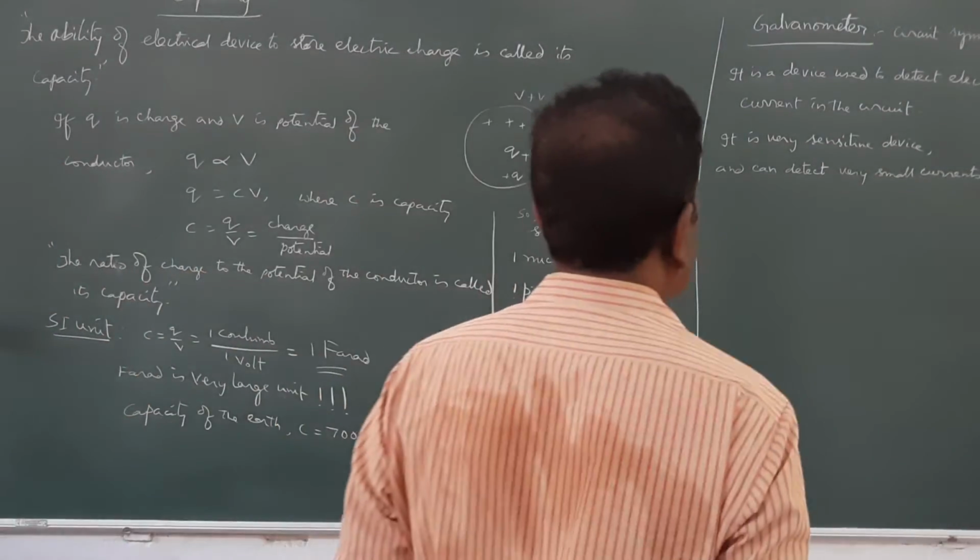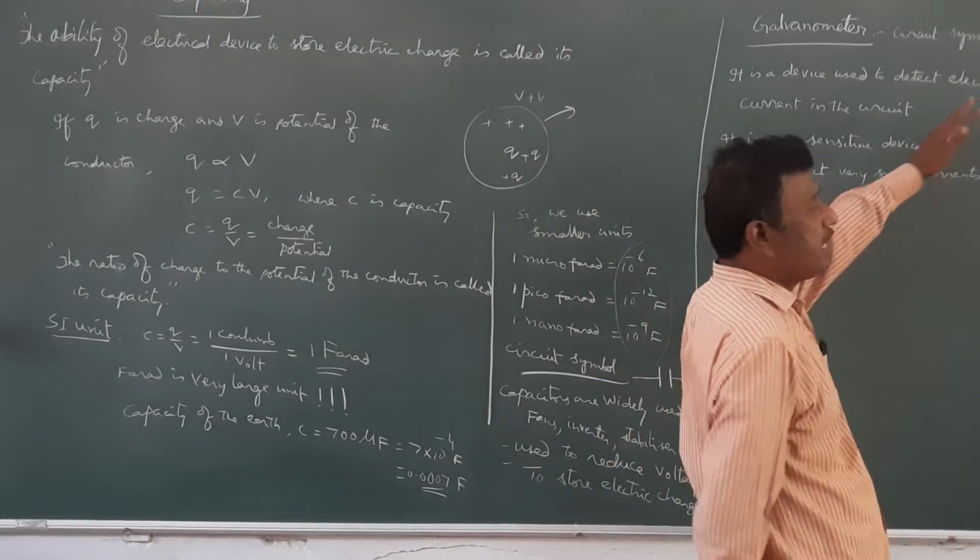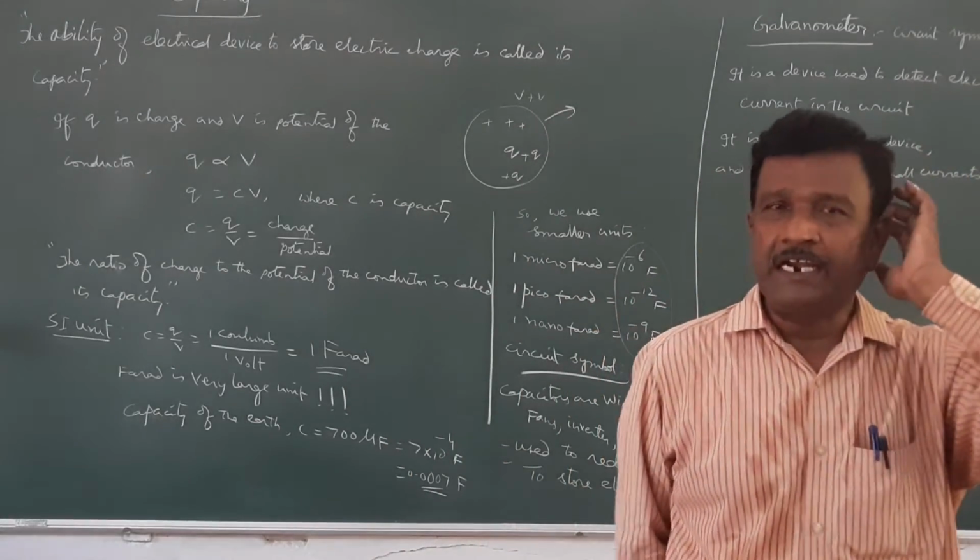Therefore, to protect the galvanometer from higher currents, we add a shunt resistance.